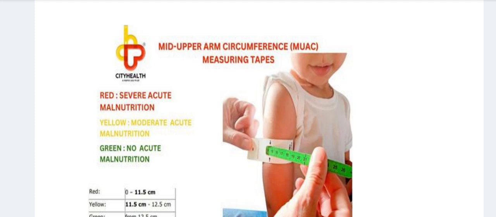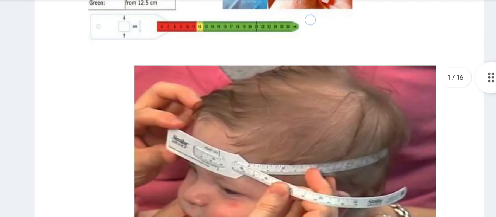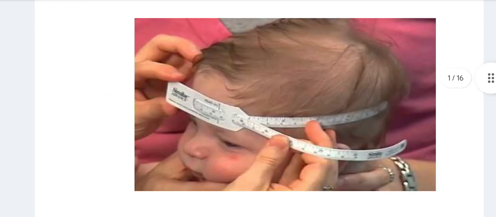So as you can see in this slide, there is a mid-upper arm circumference measuring tape. So this measures the nutritional levels of the child, and it has its own readings and interpretation. If we slide down here, you can see that in this slide, this particular person is trying to measure the head circumference of the child.